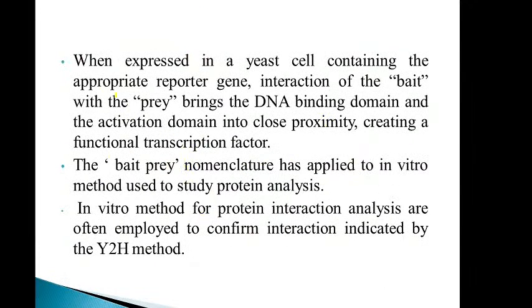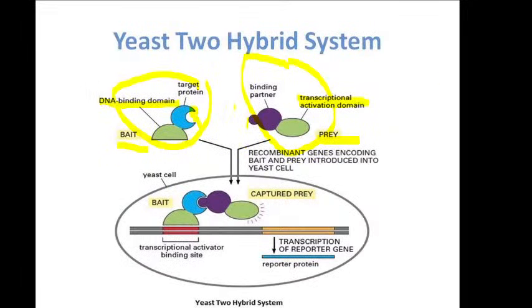What will happen then? When expressed in a yeast cell containing the appropriate reporter gene, interaction of the bait with the prey brings the DNA binding domain and the activation domain into close proximity. So basically they come very close with each other, and there is some interaction between these proteins.